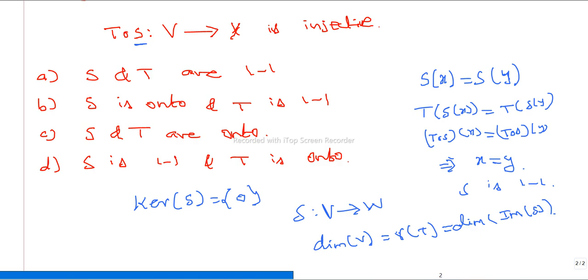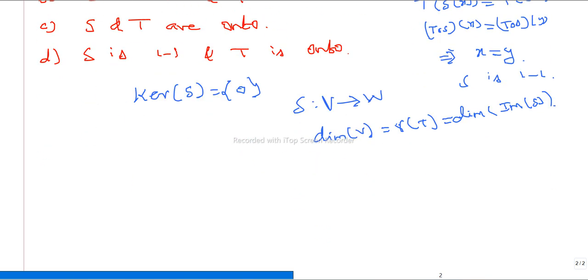Okay, we know this one. So now we can talk about the T. T is a function from W to X. It is given that T is a linear transformation from W to X. Now we know that dimension of V equals dimension of X, which is given.